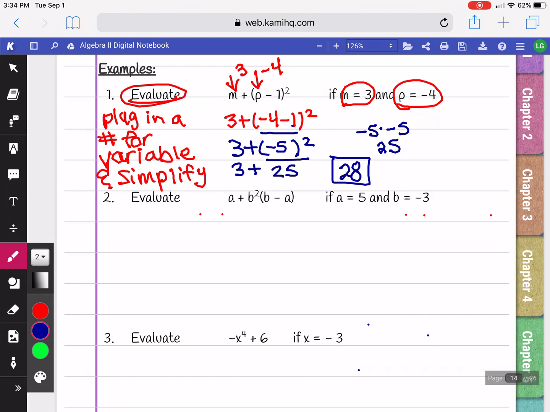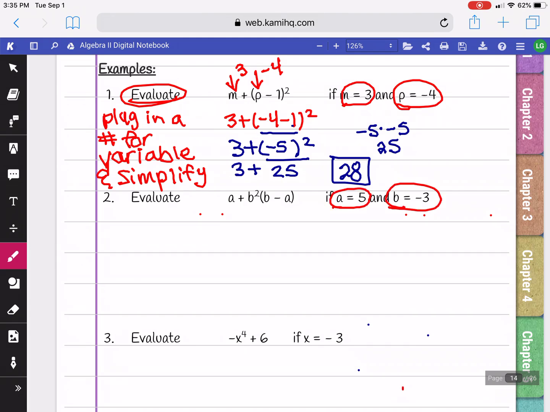This next problem, we're going to plug in or evaluate 5 for A, negative 3 for B, and then use that to simplify. So everywhere I see an A, I'm going to plug in a 5. Everywhere I see a B, I'm going to plug in a negative 3.